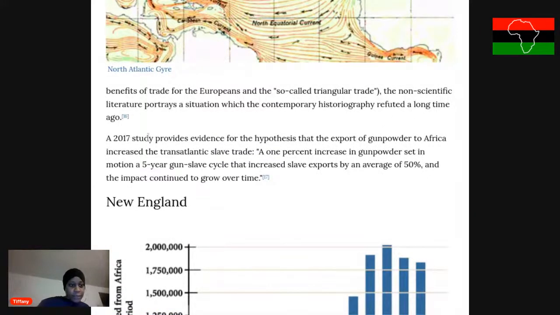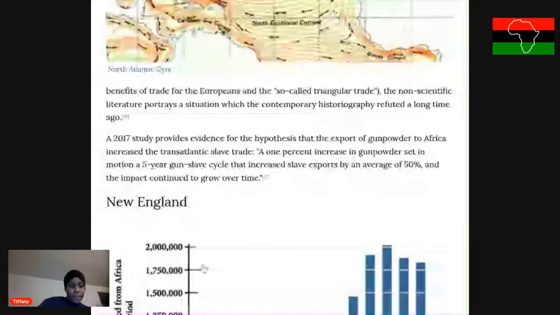A 2017 study provides evidence for the hypothesis that the export of gunpowder to Africa increased the transatlantic slave trade. A 1% increase in gunpowder set in motion a 5-year gun-slave cycle that increased slaves exported by an average of 50%, and the impact continued to grow over time.